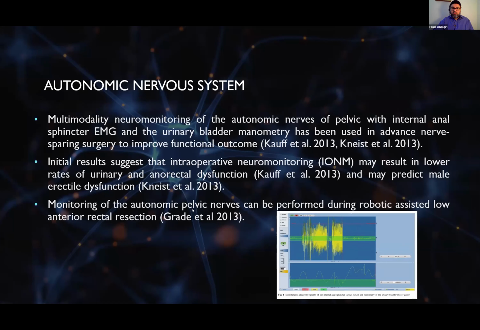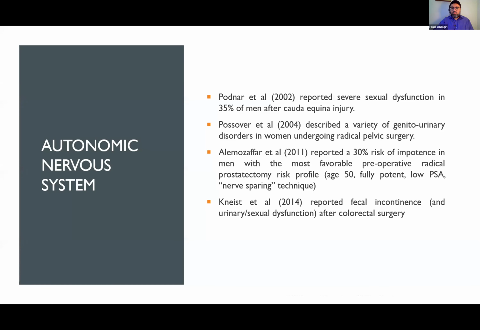So monitoring of autonomic pelvic nerves can be performed during robotic-assisted low anterior rectal resection. During surgical procedures involving colorectal, bladder, and prostate surgeries, having EMG, MEP, and bladder pressure monitoring can maximize the postoperative benefit.